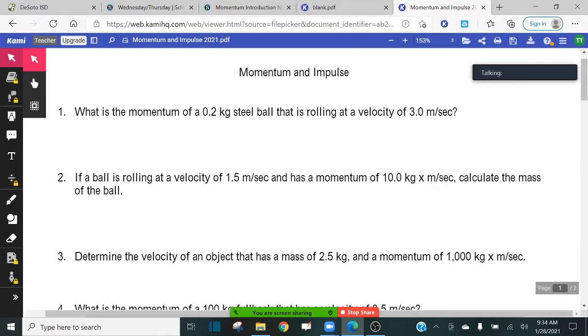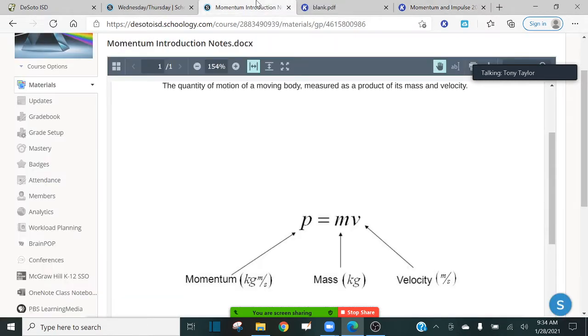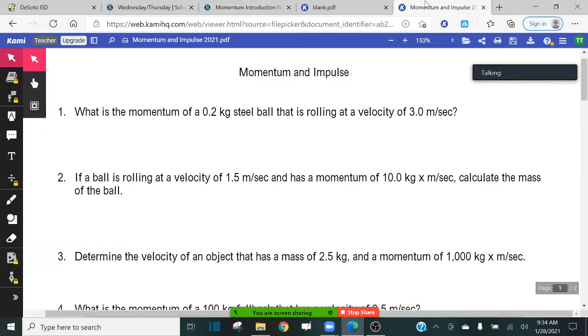Number 1 says, what is the momentum of a 0.2 kilogram steel ball that is rolling at 3 meters per second? So it's a velocity of 3 meters per second. So here we just use our momentum equation. Momentum is equal to mass times velocity.